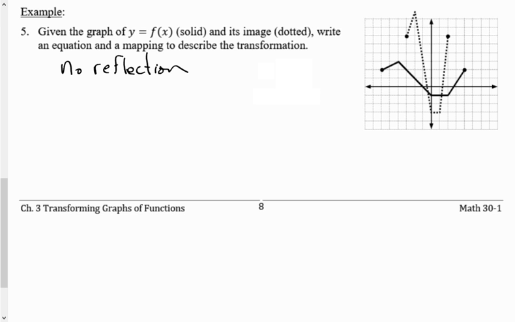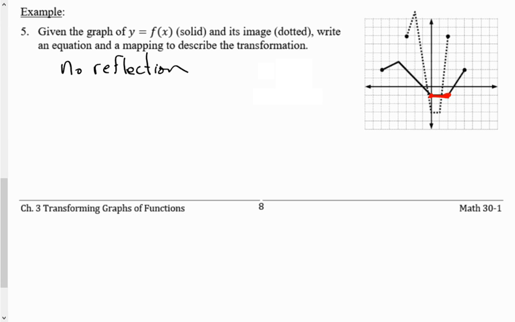Then I'll think about stretches. For the stretch, I'll look at some key points and see how distances between those points have changed. For example, let's do this horizontal line part here. That original horizontal line was 2 long.